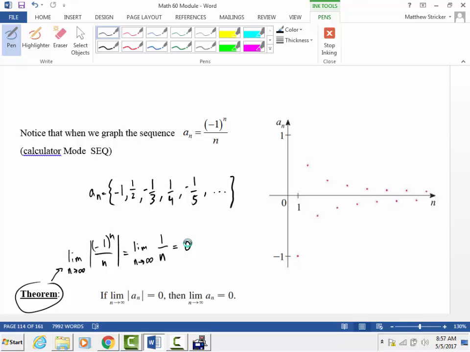In other words, this one's approaching 2, this one's approaching -2. They're alternating, but they're not approaching the same value. The only way they can be approaching the same value is if they're approaching 0. Any other questions?